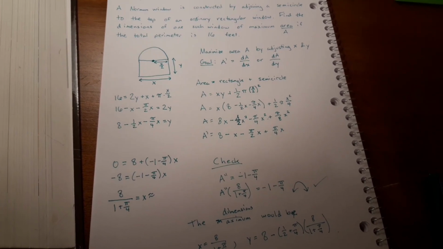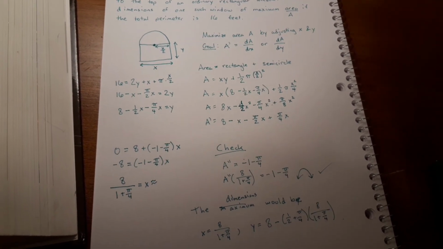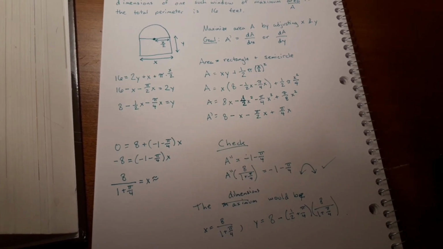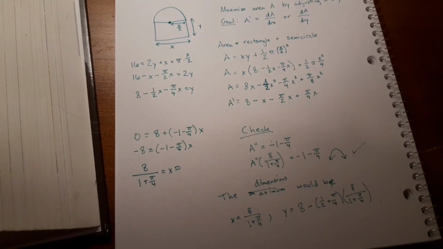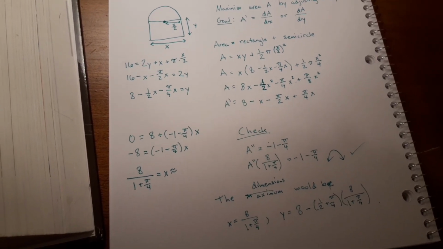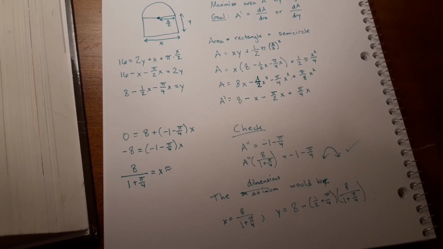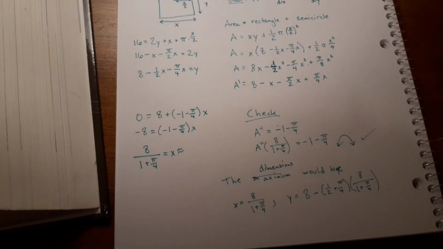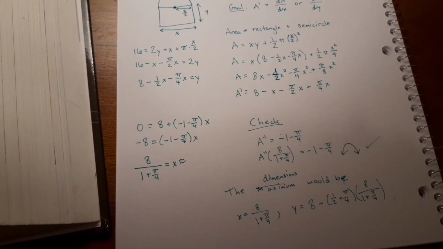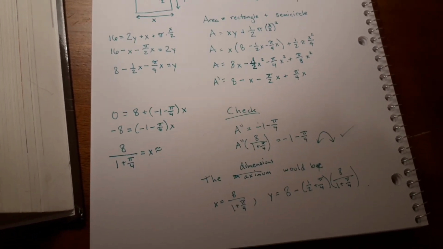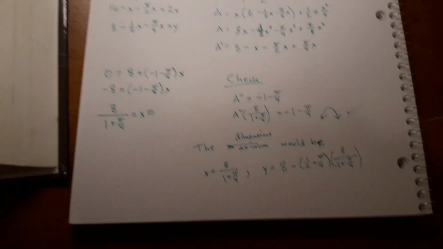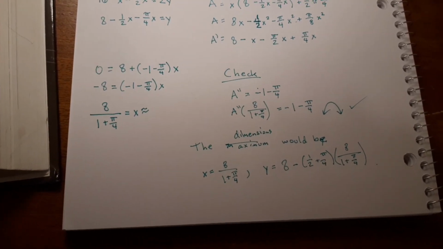We then came up with an equation for the area in terms of the dimensions, because those are the things we're adjusting. We then used other information to replace one dimension with the other. So we replaced our y in terms of x using our perimeter, set the derivative equal to 0, and solved for x. And then we checked that that dimension gives us a maximum and not a minimum or something else. And then we finished the problem by giving both dimensions.